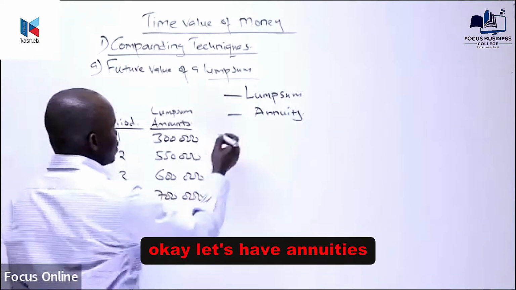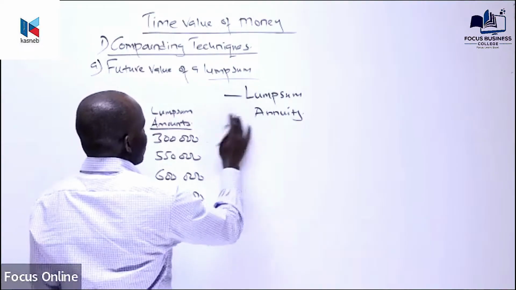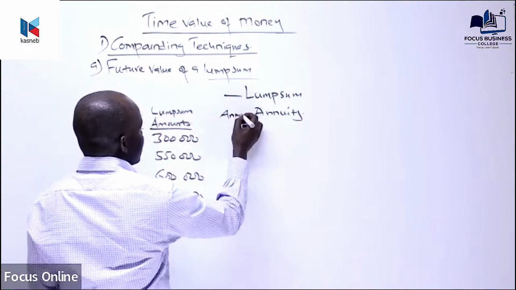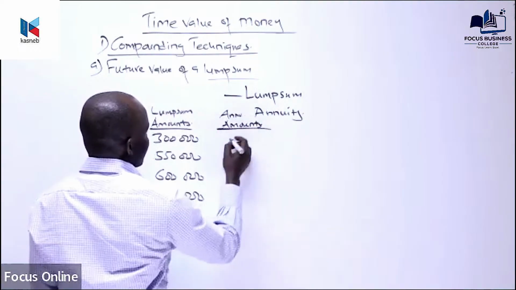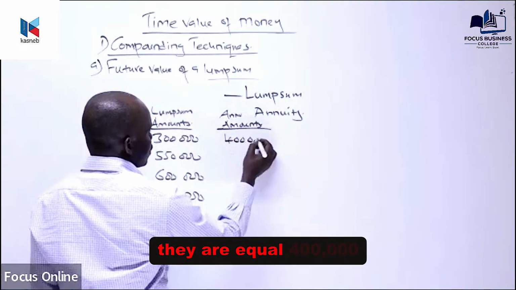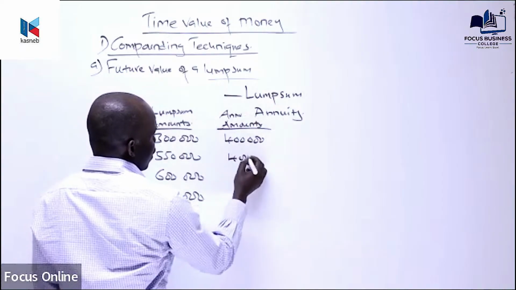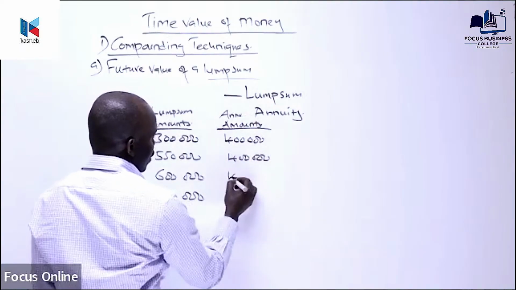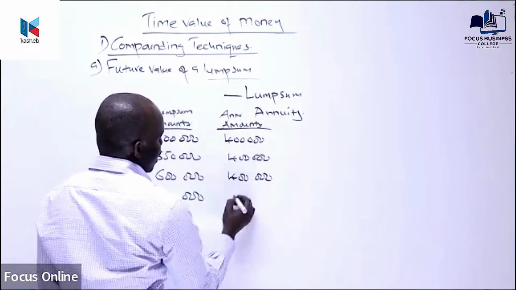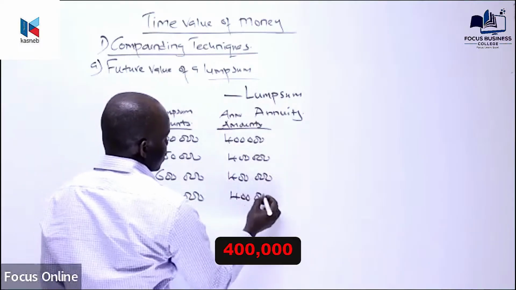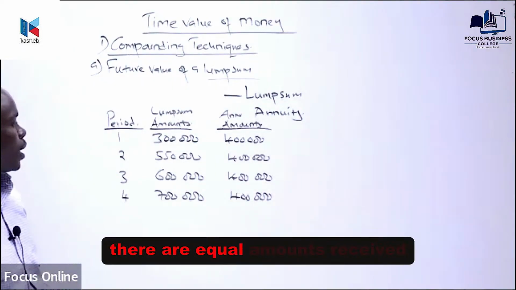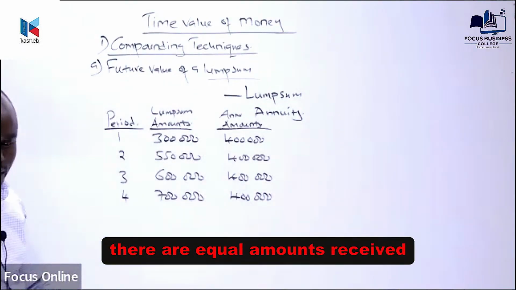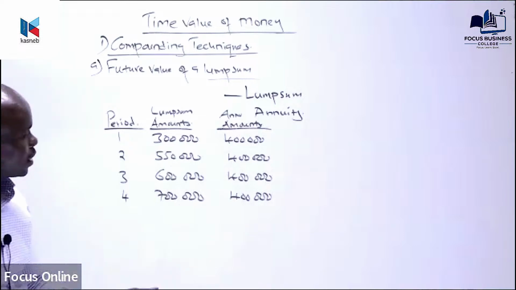Let's have annuities. Annuity amounts are like installments. They are equal: 400,000, 400,000, 400,000, 400,000. So annuities are equal amounts received or paid regularly.